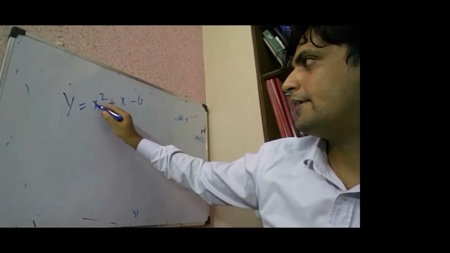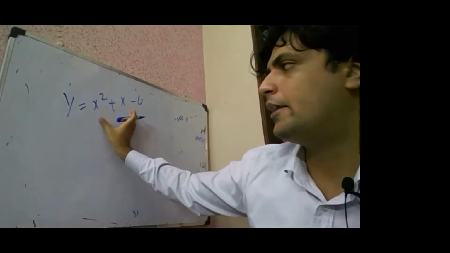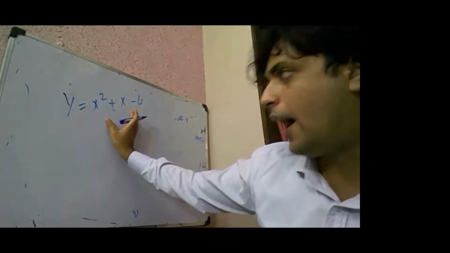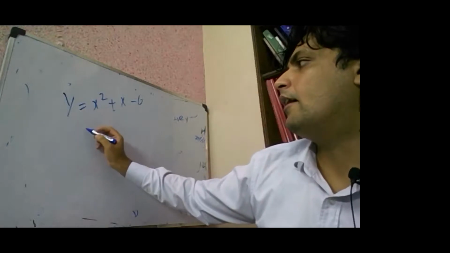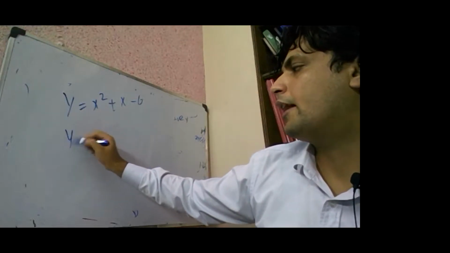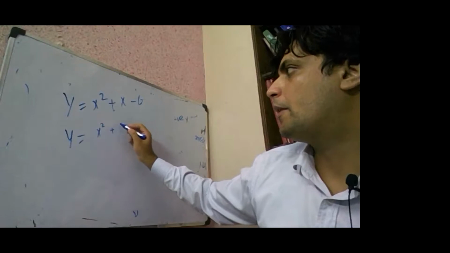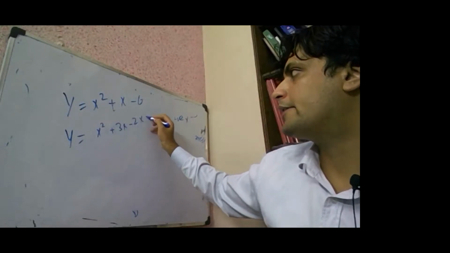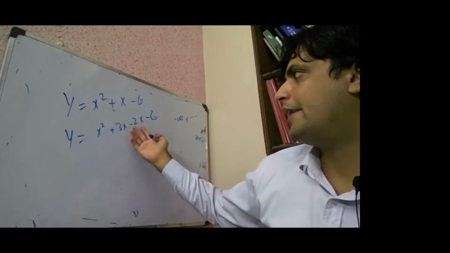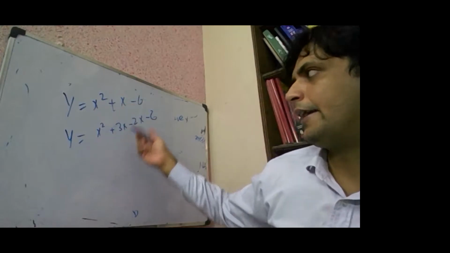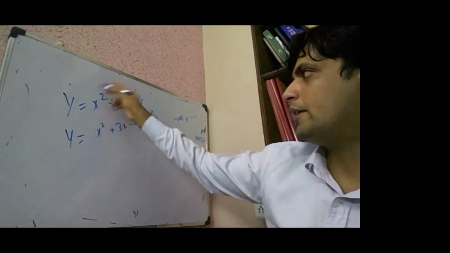So here, can we factorize it? Yes, we can. How? Can I write this into this form: plus 3x minus 2x minus 6? Of course, 3x minus 2x will give us x, right? So 3, 2, 6. That's how we check it.